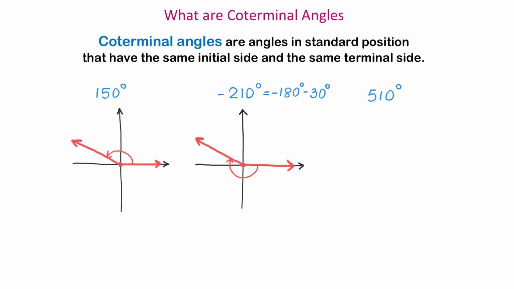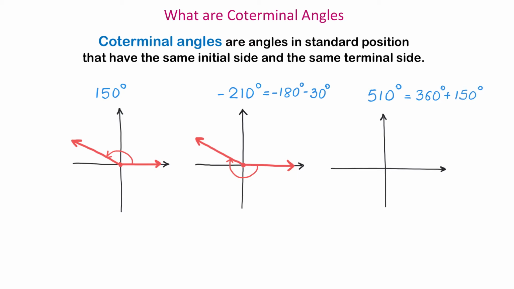Now let's draw the third angle. This angle is positive and it's more than 360 degrees, and it would be convenient if we rewrite it as a sum of 360 degrees and another 150 degrees.